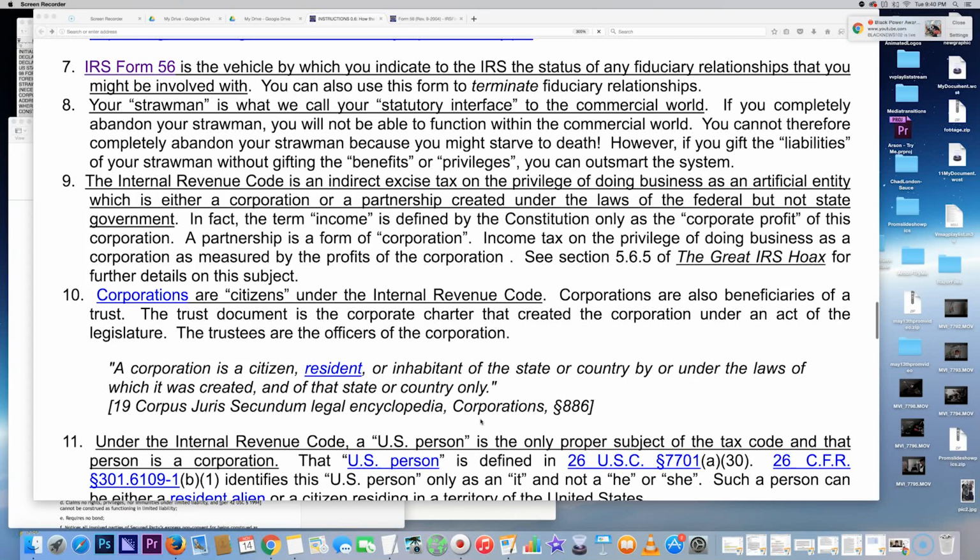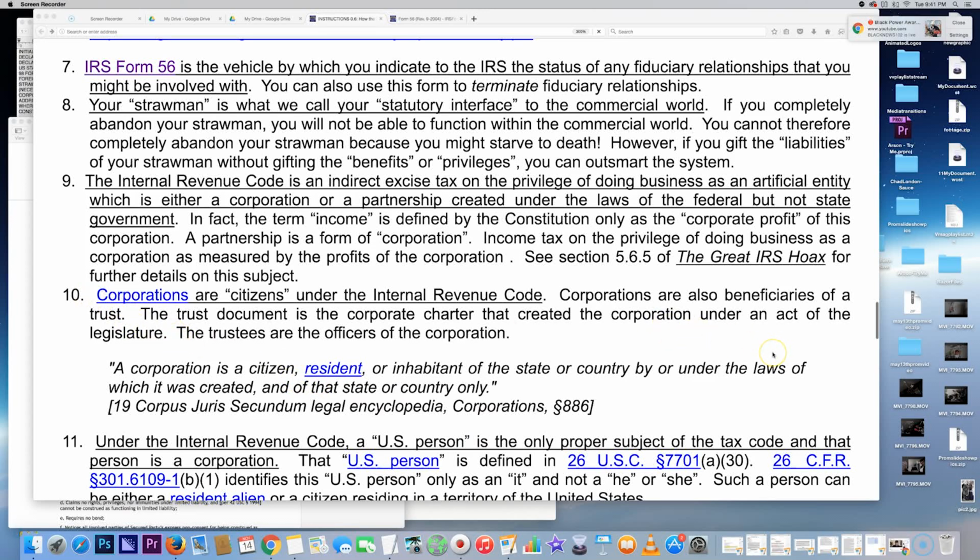And this corporation, a partnership, is a form of a corporation. Income tax on the privilege of doing business as a corporation as measured by the profits of the corporation. See section 5.6.5, the Great IRS Hoax, for further more details on this subject.